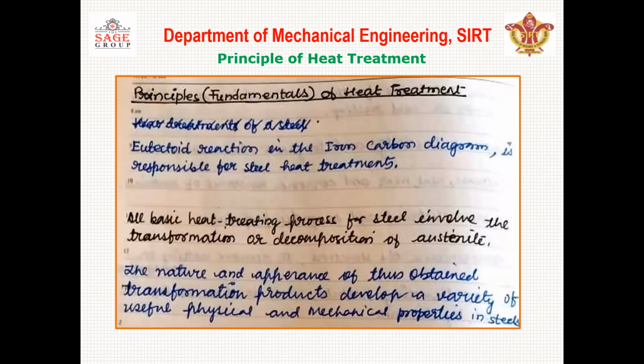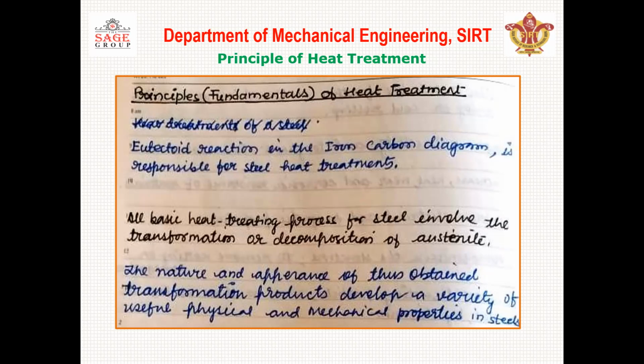Now, what are the principal fundamentals of heat treatment? The eutectoid reaction in the iron-carbon diagram is responsible for steel heat treatment. The eutectoid reaction is a very important reaction, because this reaction shows the transformation of austenite into pearlite or martensite without changing the size of the object.